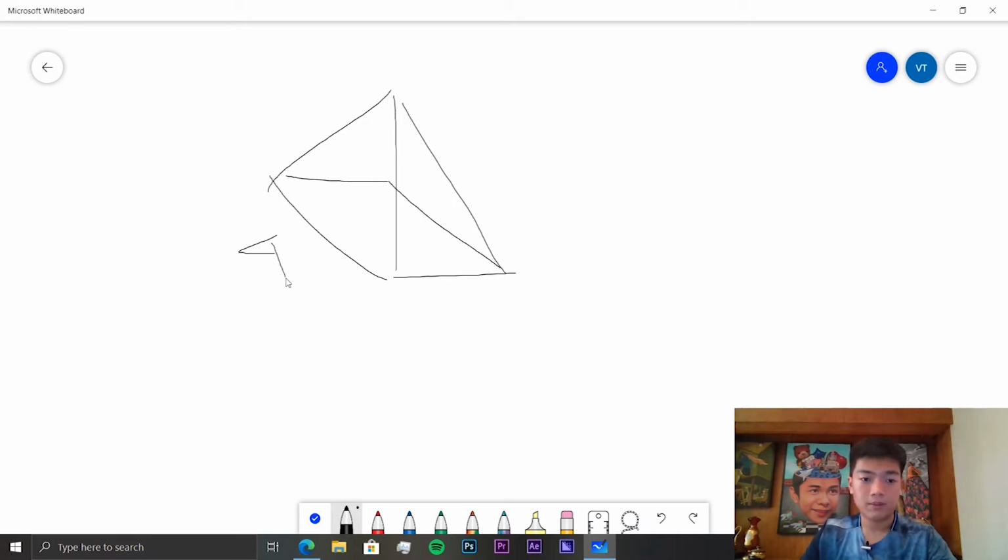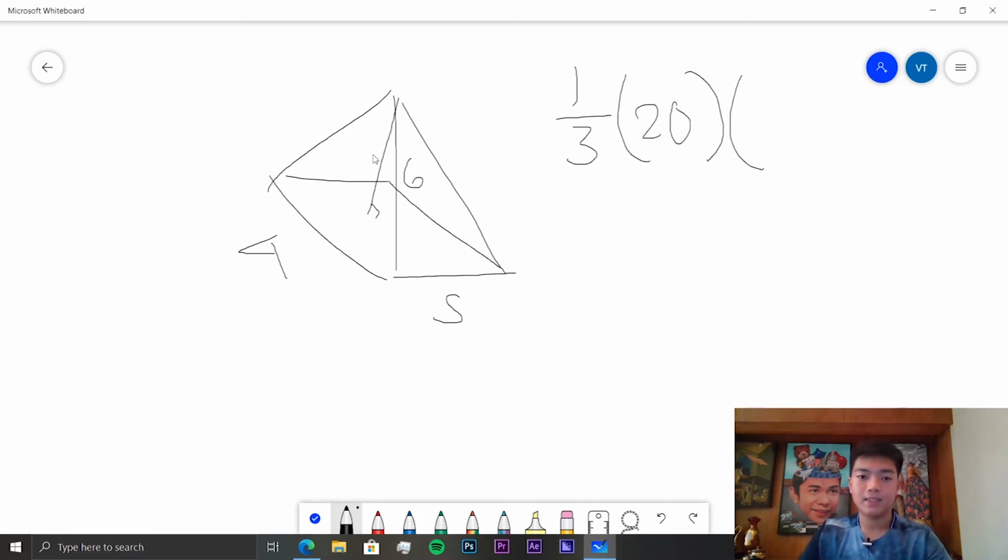We have 4 centimeters, 5 centimeters, and the perpendicular height is 6 centimeters. So volume is 1/3 base times height. Base in this case is 20, height is 6. So that's equal to 20 times 2, or 40 centimeters cubed.